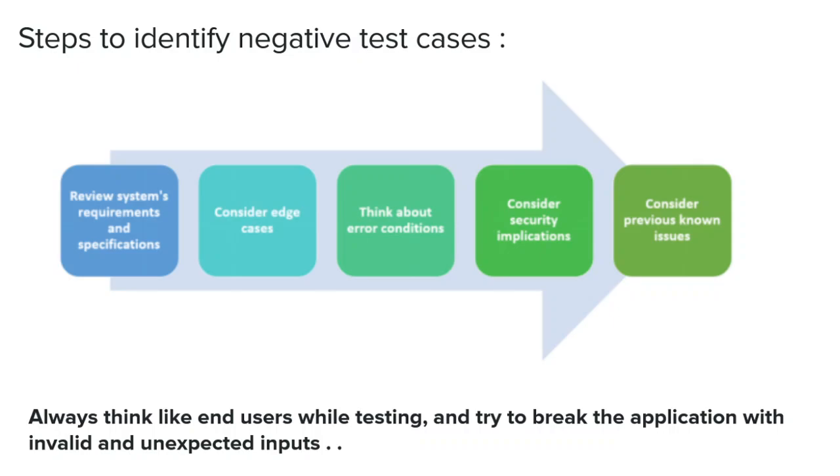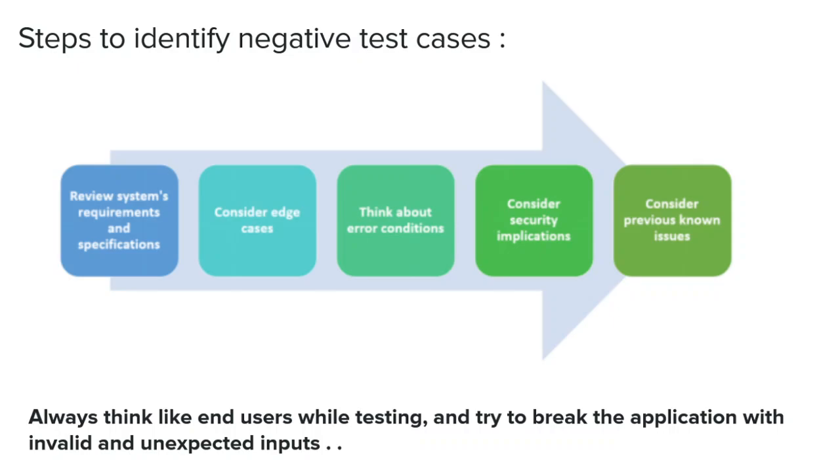So think about the valid inputs as well as the negative inputs, and negative actions which can be done by end users. Once you think from this perspective, you would automatically understand the negative cases as well. And we can also take help of some of the previous known issues. That will also guide you to understand the negative test cases.